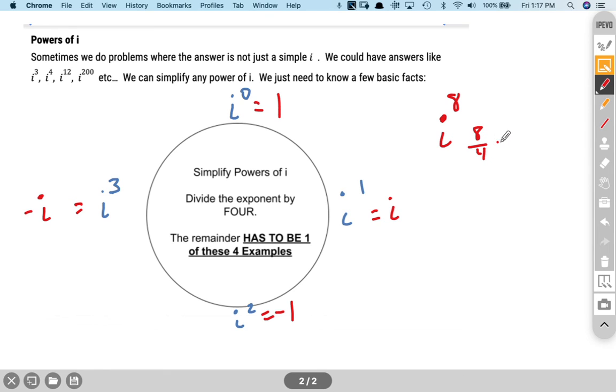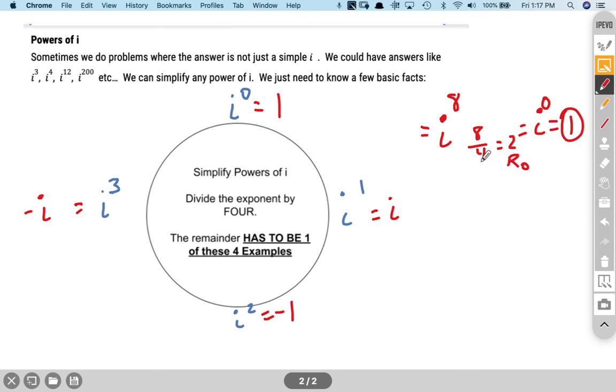So 8 divided by 4 is 2. It's 2 with no decimals and no remainder. The remainder is 0. So i to the 8th, if I simplify that, is the same answer as i to the 0, which in our circle of 4 is 1. So my final answer is 1.